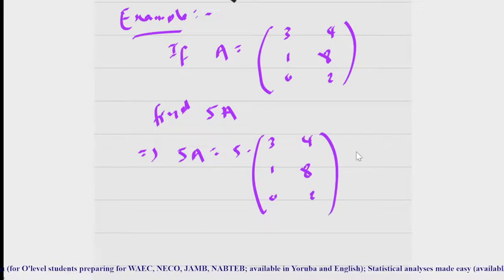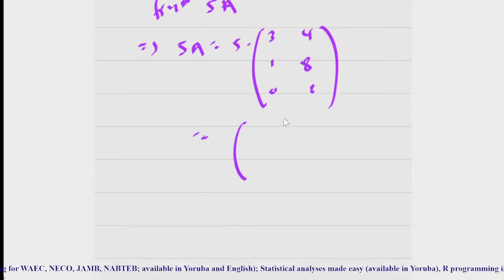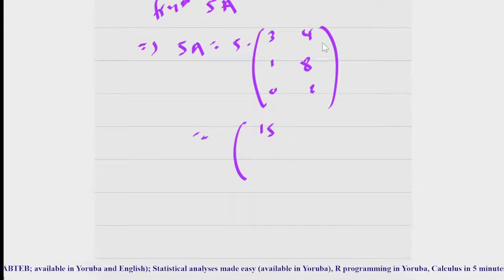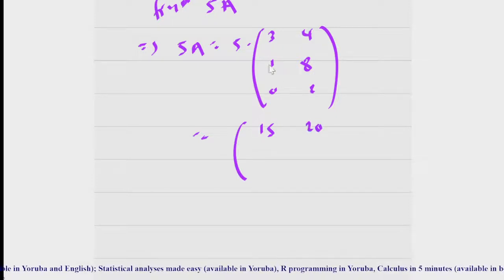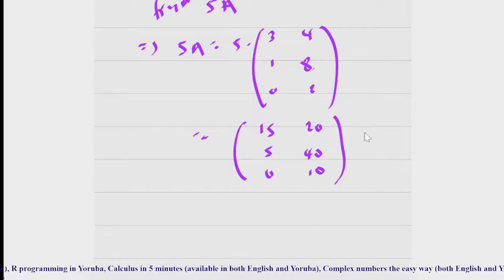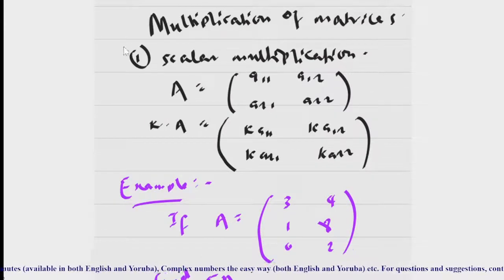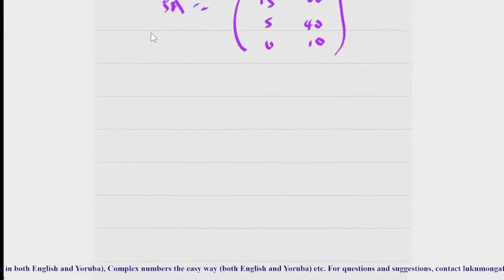You multiply 5 by each of the elements in this matrix. Then I'm going to have 5 times 3, 15, 5 times 4, 20, 5 times 1, 5, 5 times 8, 40, 5 times 0, 0, and 5 times 2, 10. You see, it is very simple, isn't it? That's the way you can multiply a matrix known as scalar multiplication.